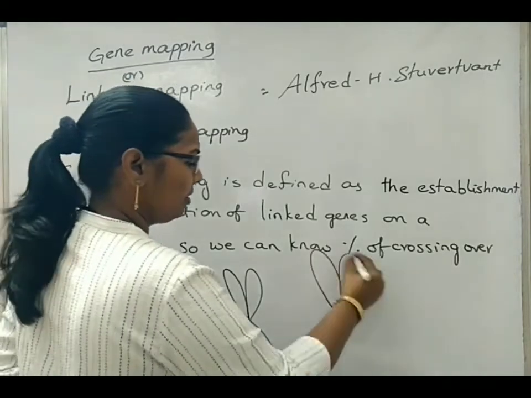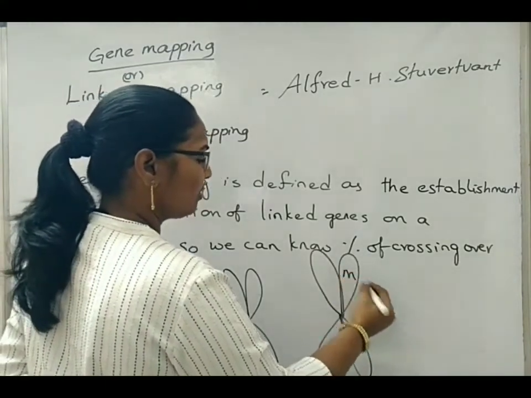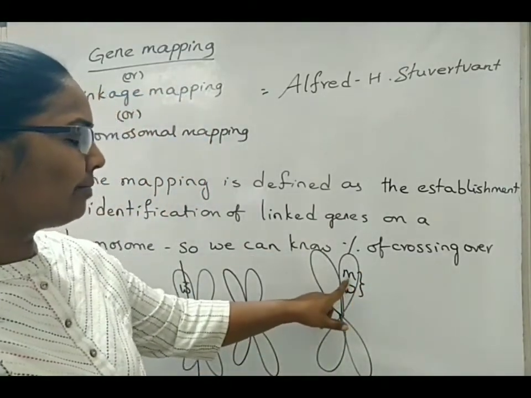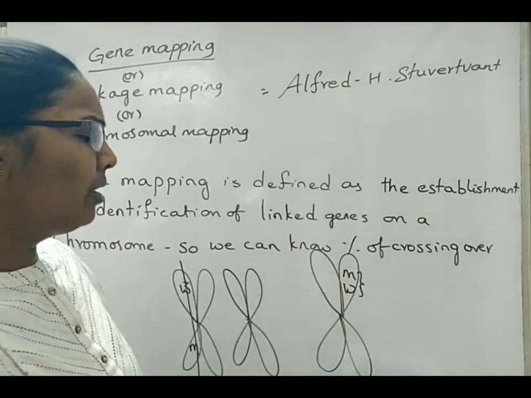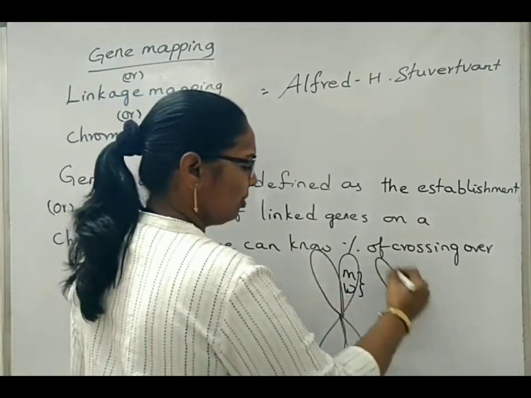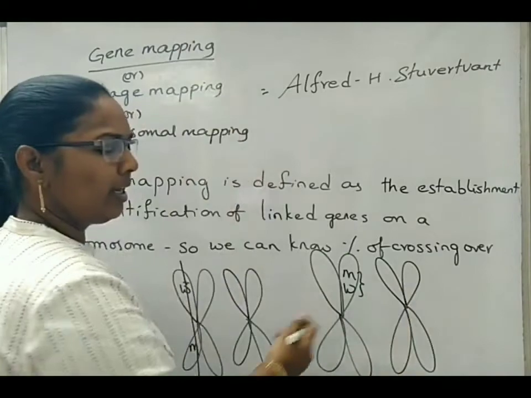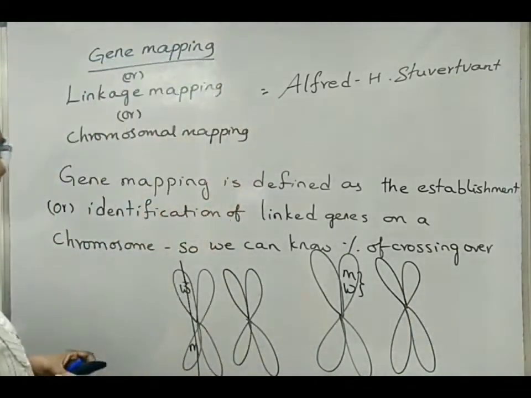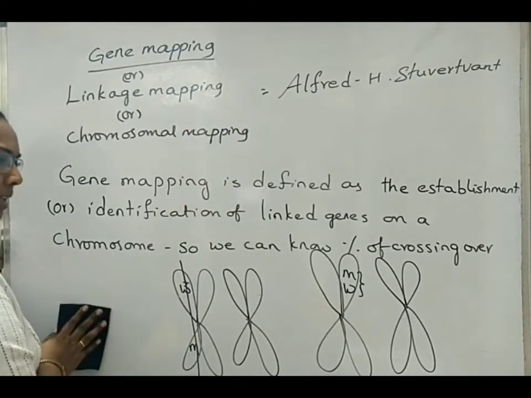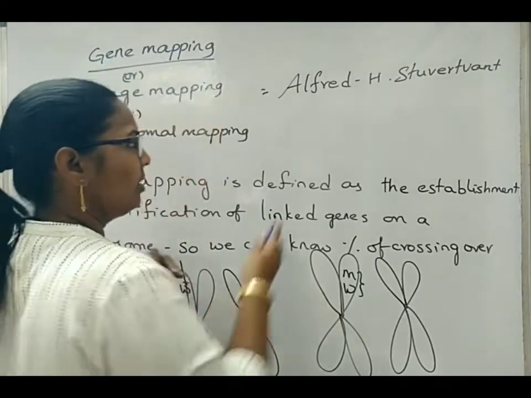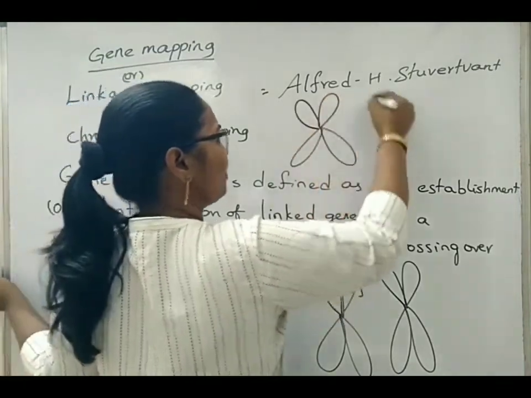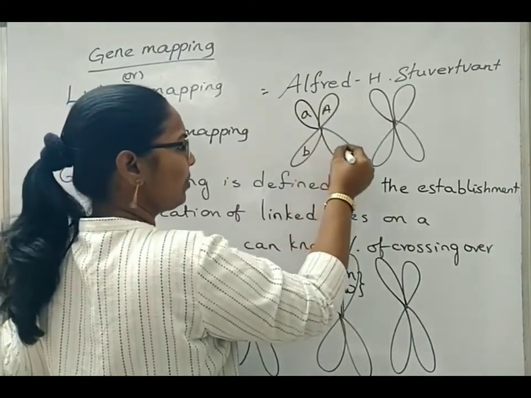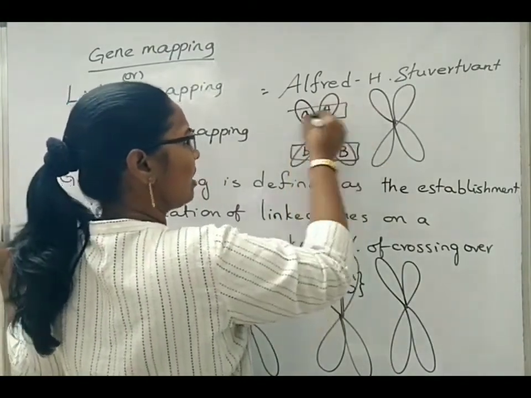Now, if I write another pair of homologous chromosomes, here if you see the distance between the alleles on the loci of the chromosome, it is very less, so there is very less chance of crossing over with the help of homologous pair. We can also represent crossing over between linked and non-linked genes in another diagrammatic representation. If we take one pair of homologous chromosomes like this, this is one loci, this is another loci.